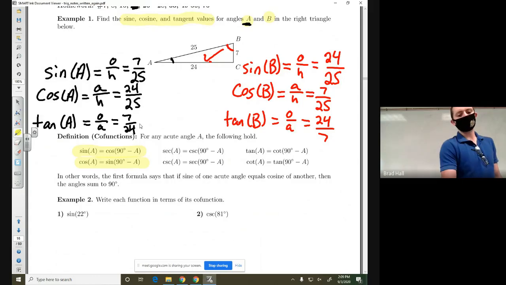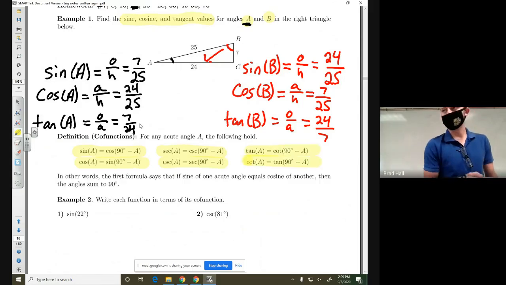It also associates secant and cosecant, and tangent and cotangent. It's another way of associating them, because they're already reciprocally associated. Now they're also associated as cofunctions.